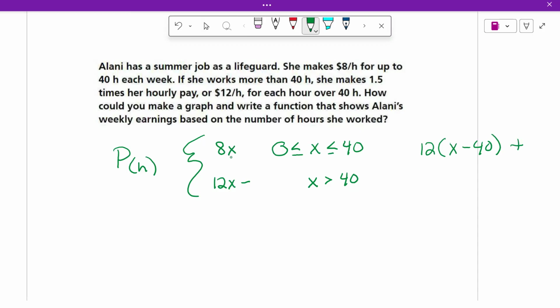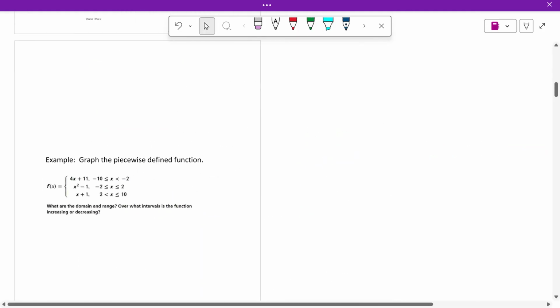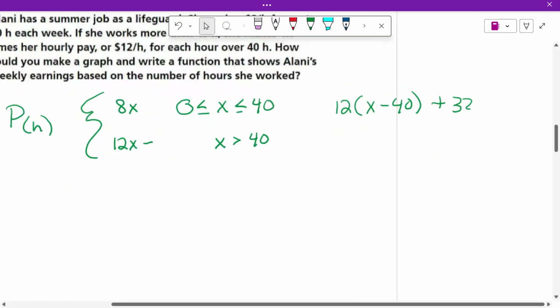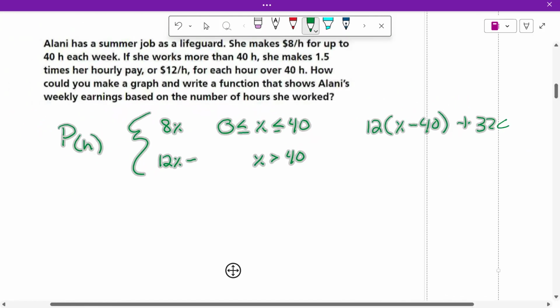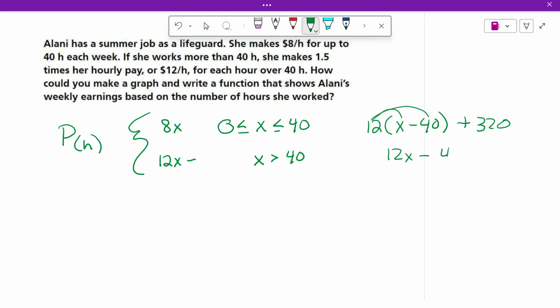Plus, if she works 40 hours, how much does she make? 40 hours times 8 is $320. So if we distribute here, we get 12x minus 480 plus 320, or 12x minus 160. So the 160 goes right there.